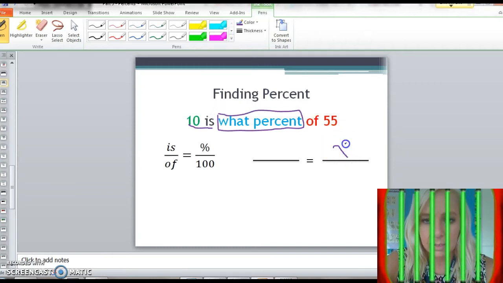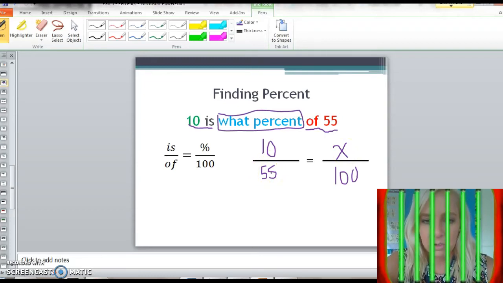I'm going to use x for is what percent. Of 55 goes where my of is located. So of 55, 10 is my part of my total. And 100 will always stay here. So 10 is what percent of 55?